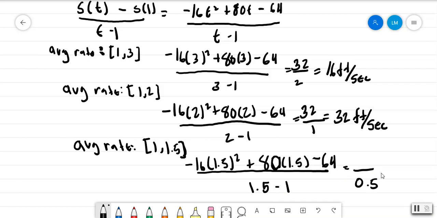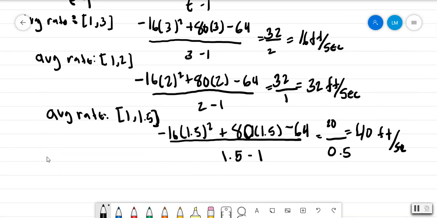Okay, so again, I'm going to do this computation off screen, just because you know that you can plug this into the calculator and then just compute that. So we get that this is going to be 20, which equals 40 feet per second.